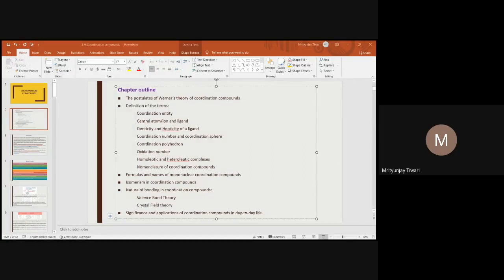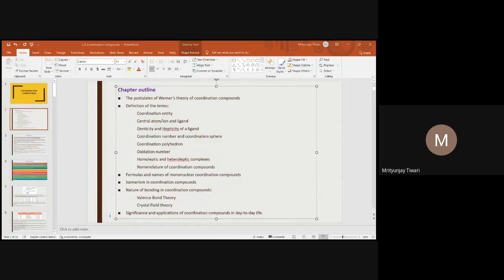In this case, what we see is that 0 moles of AgCl are precipitated per mole of this compound. It means all the chloride ions are inside the coordination sphere, not outside of it.